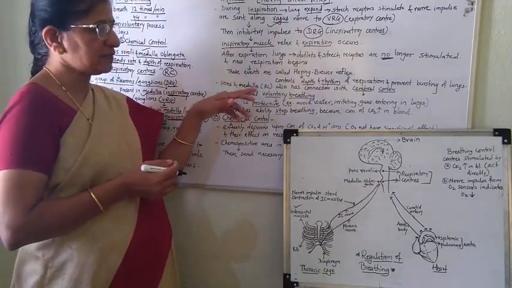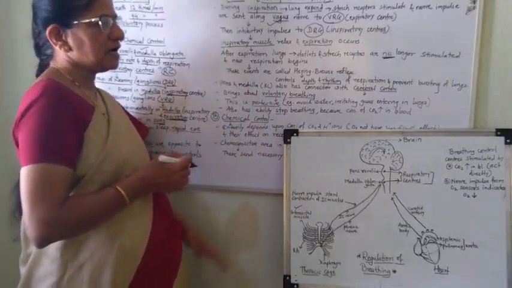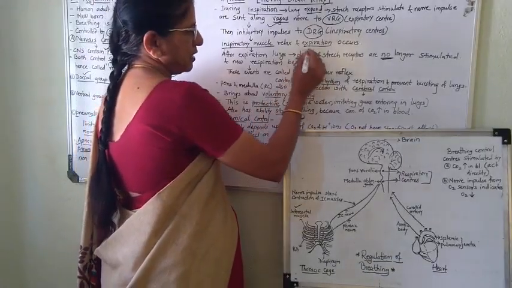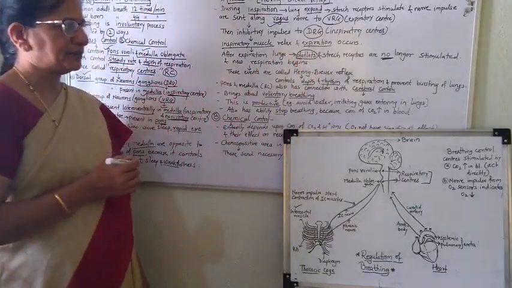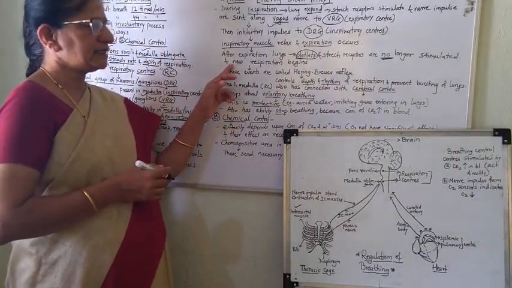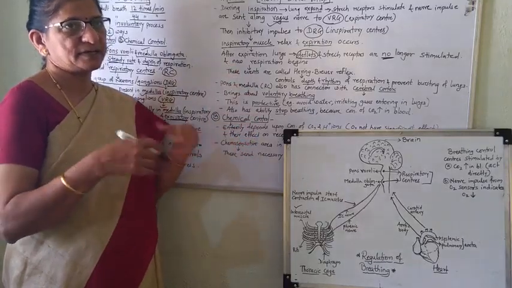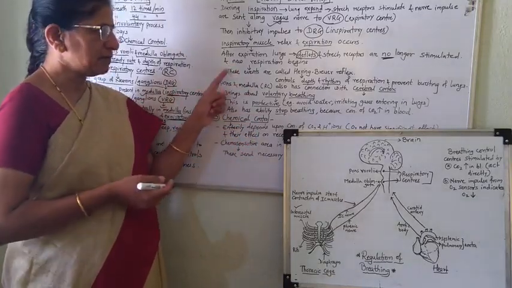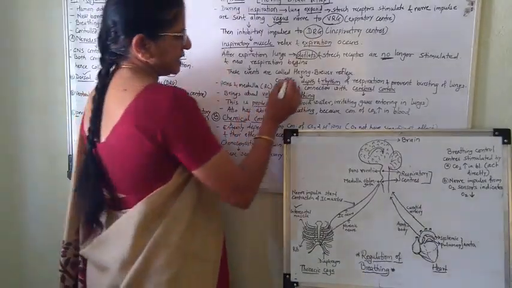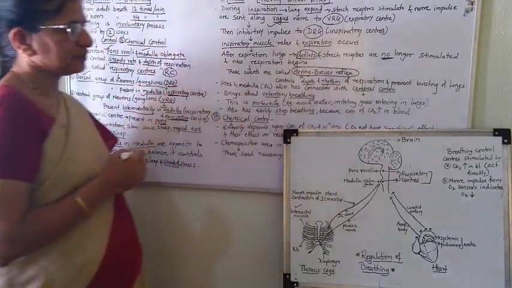But after expiration, this nerve impulse signal is not stimulated because lungs become flattened, deflated, air is thrown out, and again the new respiration begins. That means again a new cycle begins. These events are collectively known as Hering-Breuer reflex.